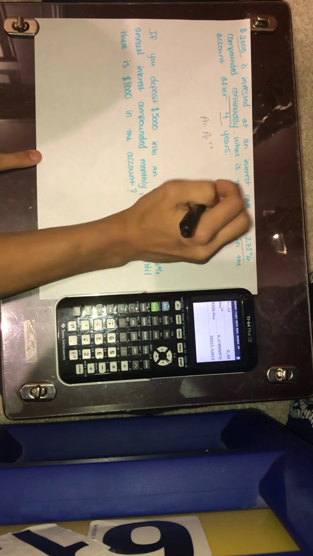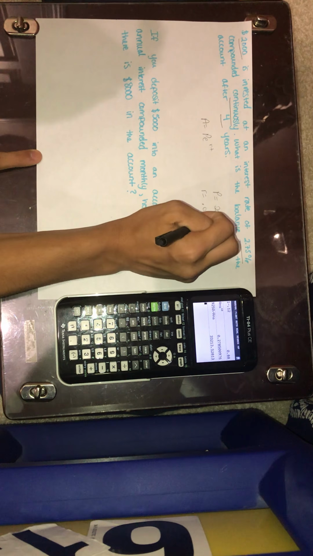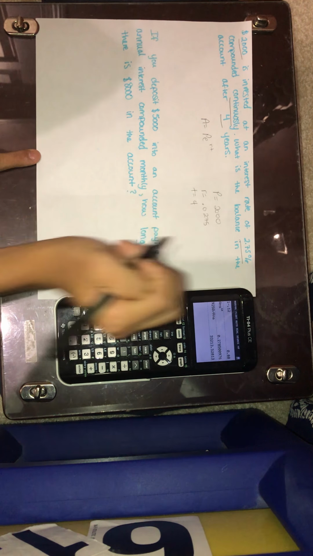And obviously it's a percent again, so it's going to be the rate, but it's going to be 0.0275. And the T is going to be 4.